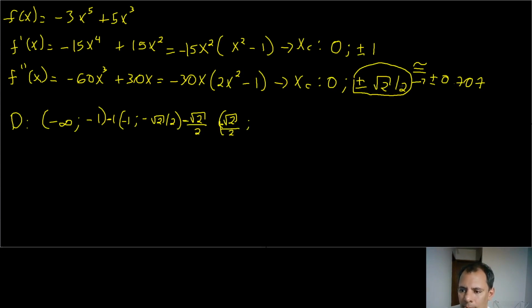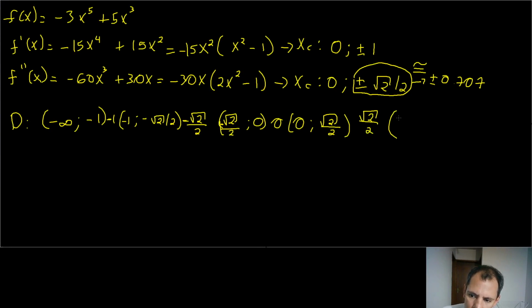All the way to 0, and then from 0 all the way to square root of 2 divided by 2, and then from square root of 2 divided by 2 in an open interval all the way to 1.